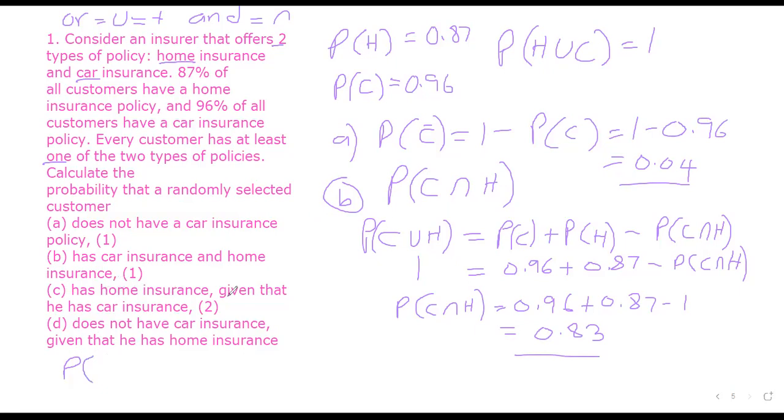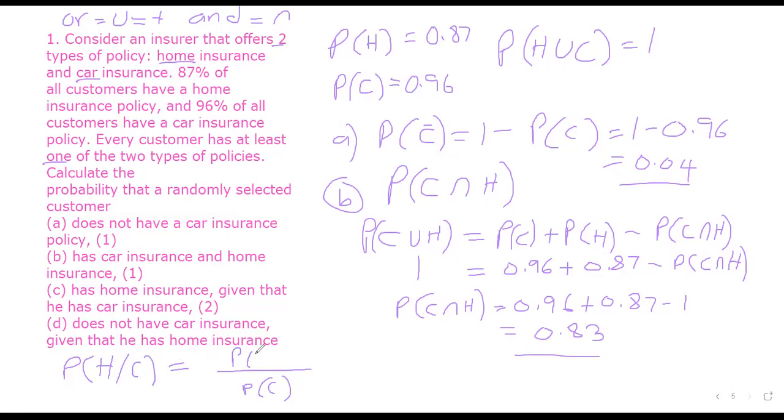H given car. So H given what? Given is a slash. H given C. So what goes down? The probability of C. Then on top, what do we have?